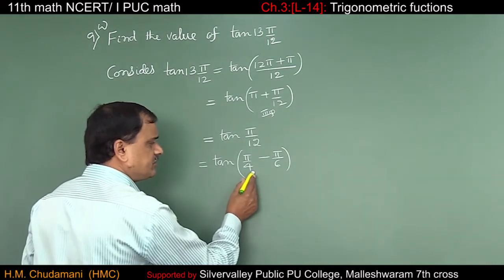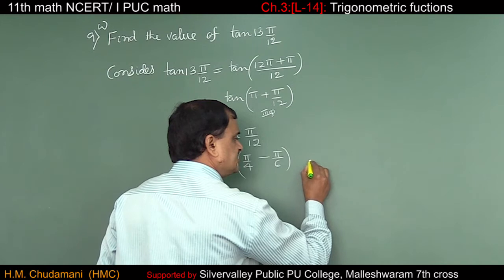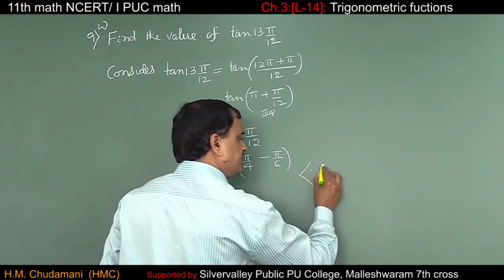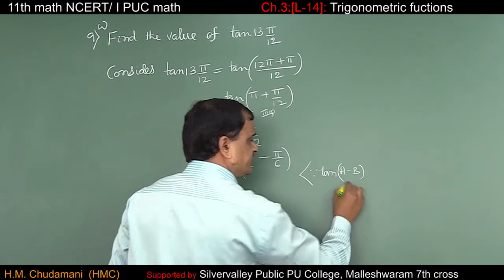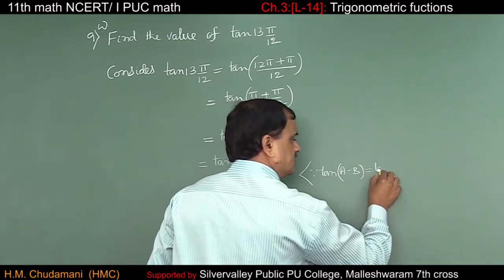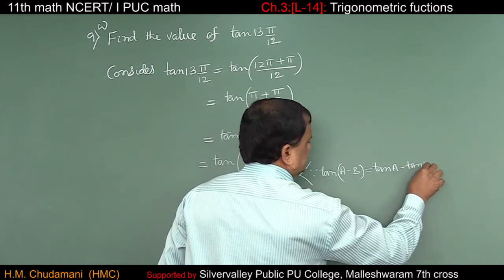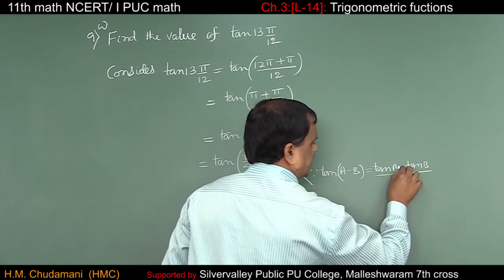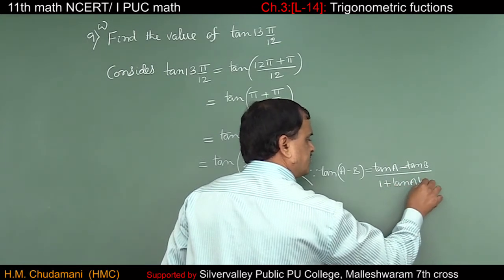Now this is of the form tan of A minus B. What is tan of A minus B actually? Tan of A minus B is equal to tan A minus tan B, over 1 plus tan A into tan B.